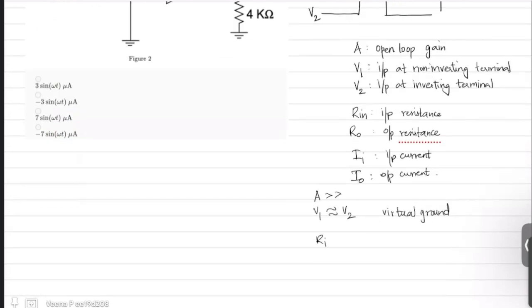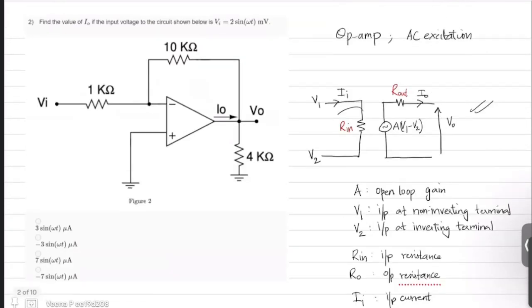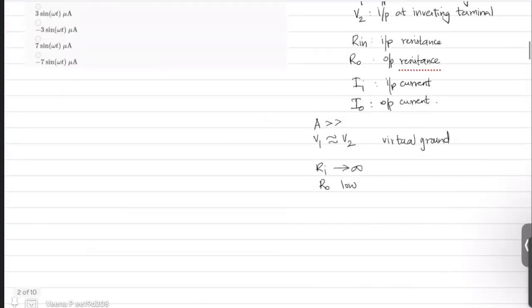The input resistance is very high, but output resistance is low. Since the input resistance is very high, your input current is more or less negligible, but output current exists. So we don't know what your output current is, but it exists.